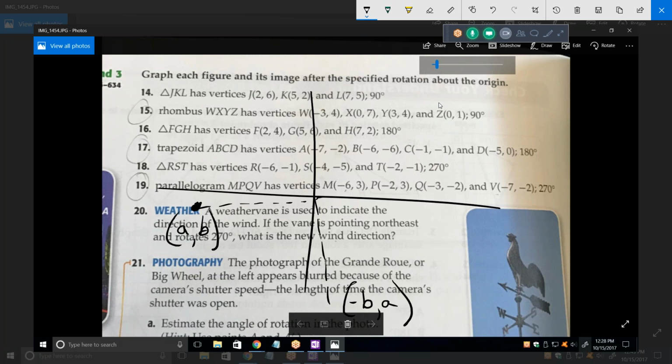In other words, my original point, B is the negative number. It's actually easier if you use numbers rather than letters. Don't use letters, that's just confusing. Make up a -6, comma, -1. And now what's the new point? 1, -6.